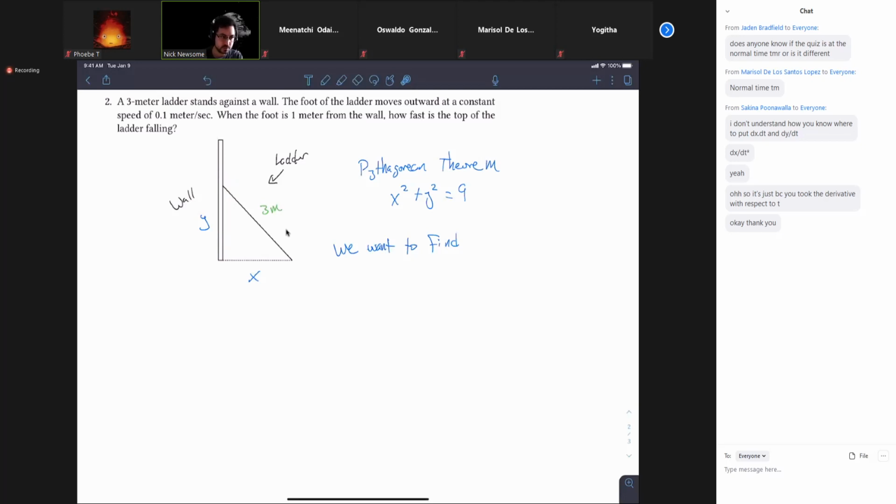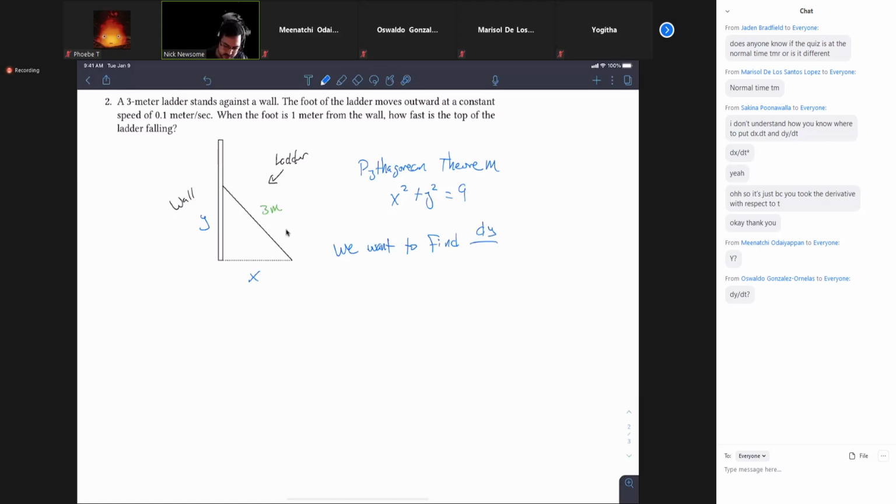If I want to know how fast the top of the ladder is falling down, which quantity am I looking for? y would be the distance that the top of the ladder is from the ground. But I'm looking for the speed that it's falling. So how do we represent that? dy dt. Perfect, that's what I'm trying to find.